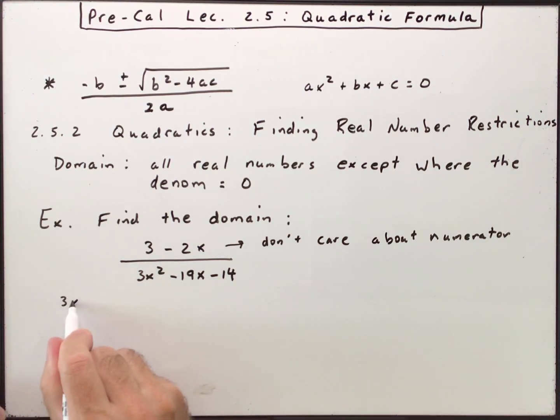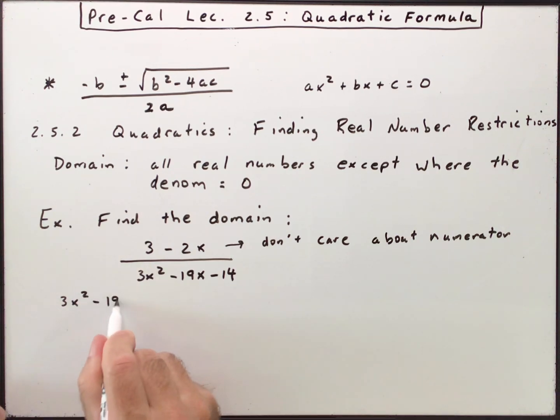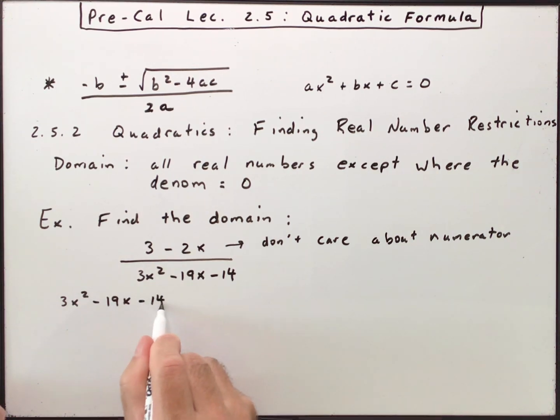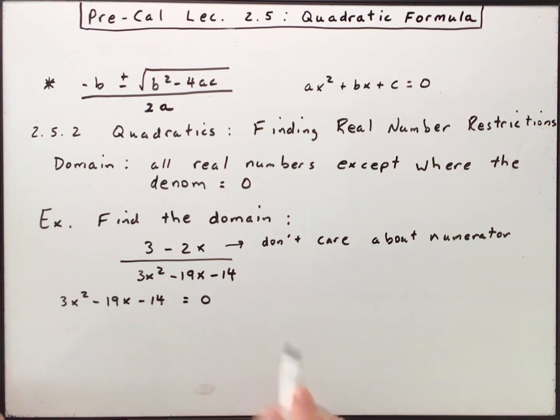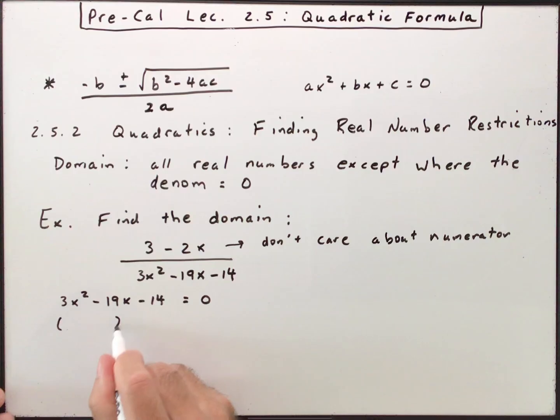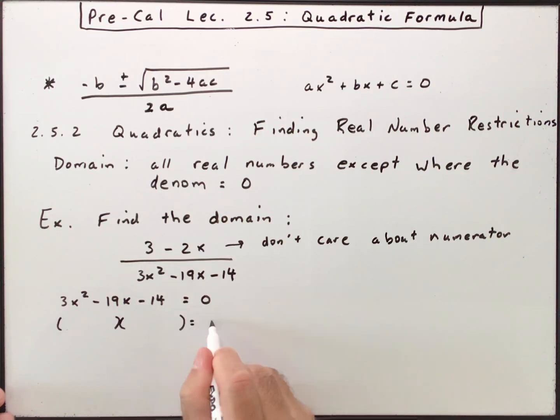So let's set the denominator 3x squared minus 19x minus 14 equal to 0. Now, you would immediately probably look at that and say, that's going to be hard to factor. Let's go ahead and stick it in the quadratic formula. That's fine. But let's go ahead and try to factor it, see if we can.